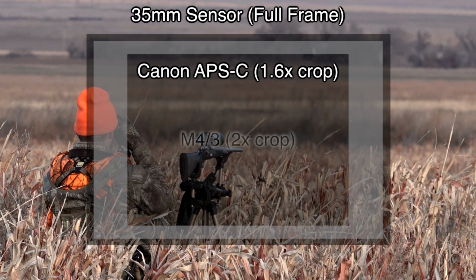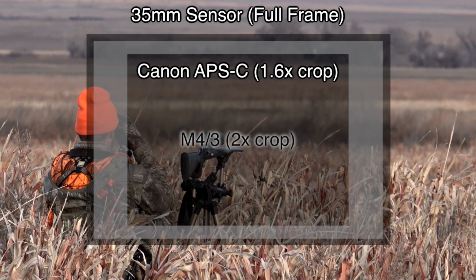All right, so let's move on down to the Micro Four Thirds, which has a 2 times crop factor. So if you have a 50mm lens on a Micro Four Thirds sensor camera, then that is the field of view equivalent of 100. You can see how this could be beneficial to wildlife people, the filmers of the outdoor industry, whether it's hunting, fishing, camping, hiking, whatever.